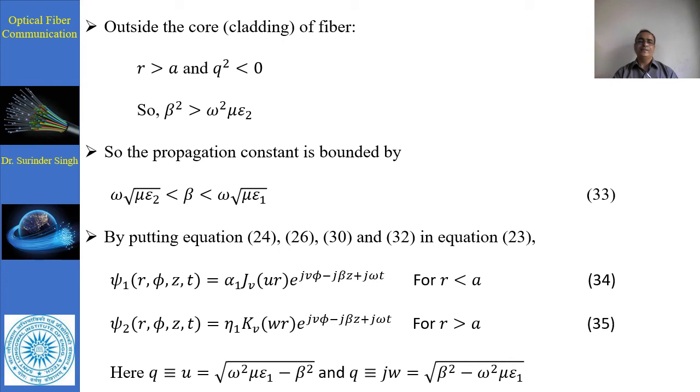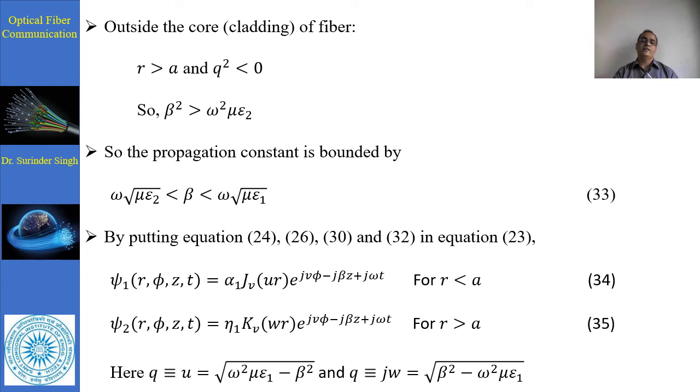So by putting these conditions in equations 24, 26, 30 and 32, all these equations in equation number 23, we have a final solution: psi 1 for r, phi, z and time components is represented by A alpha.